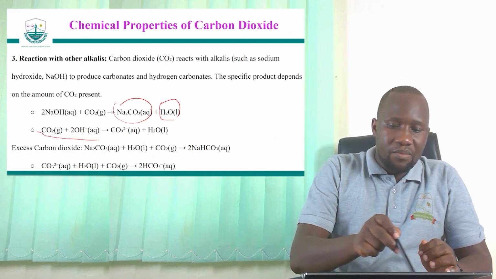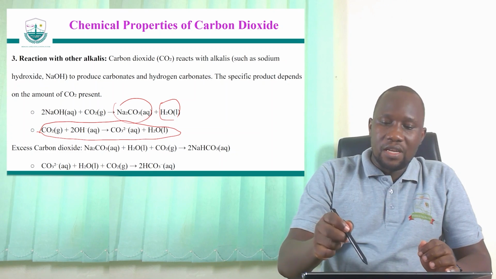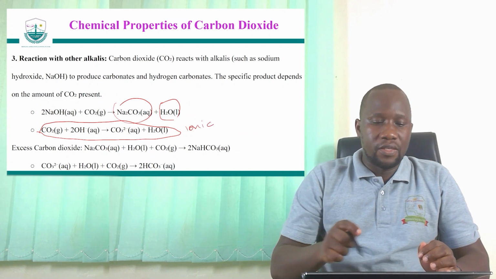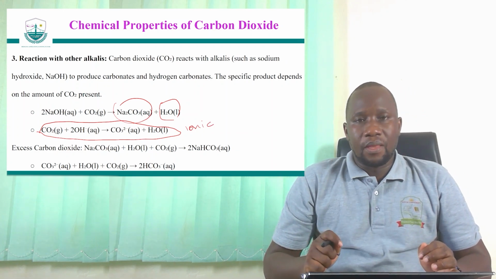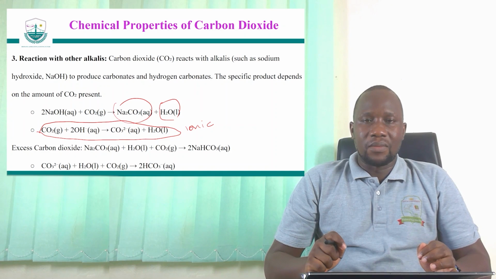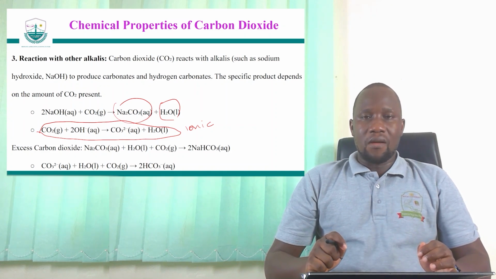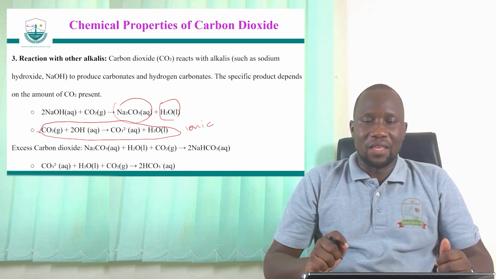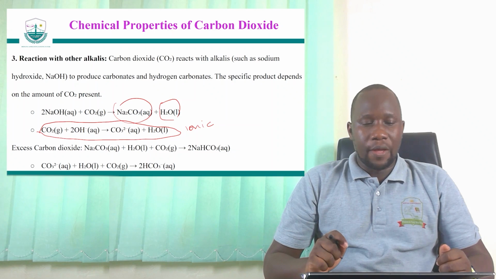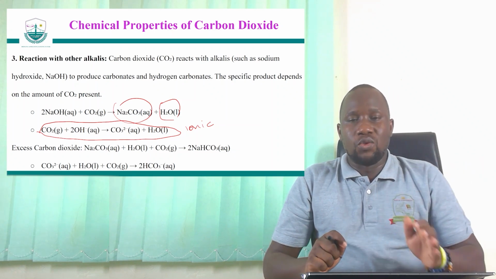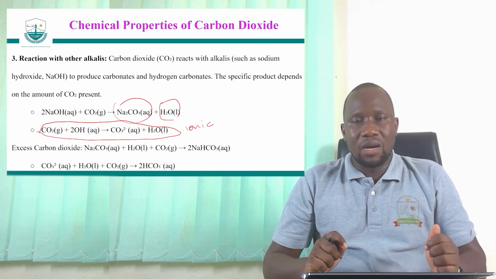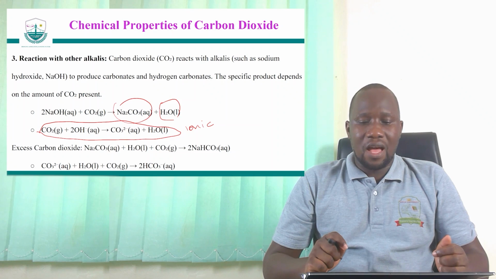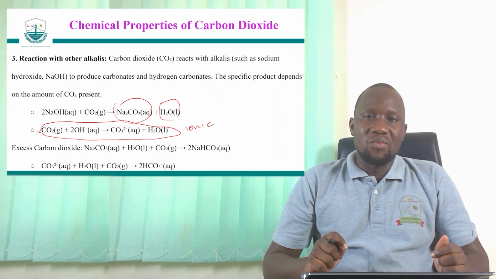And this is the representation of that reaction as an ionic equation. I believe that you have already learned about ionic equations and how they are written. But as you pass more carbon dioxide, you will have a hydrogen carbonate being formed.